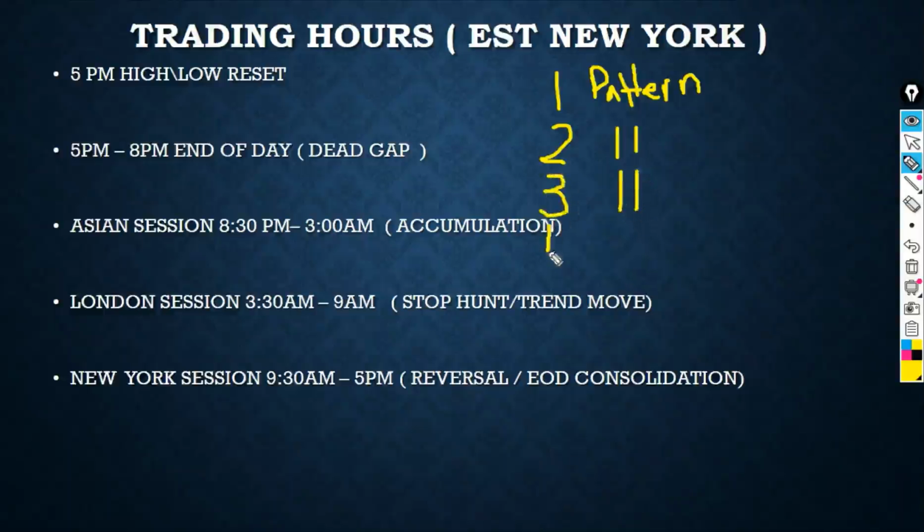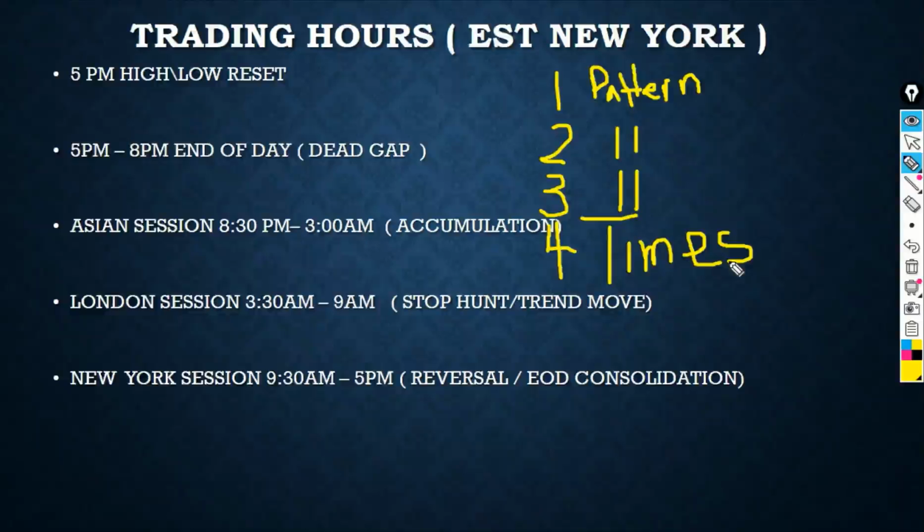Now we'll come to the fourth important thing, which is the timing. This is why I gave you the times. I know some of you have other times, where we have some ribbons, the Sydney session, a lot of other sessions.